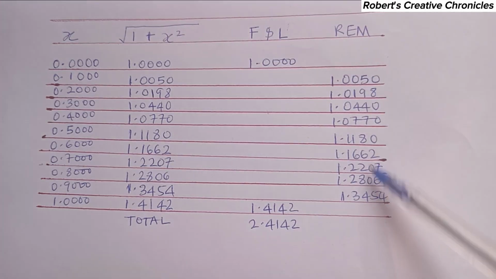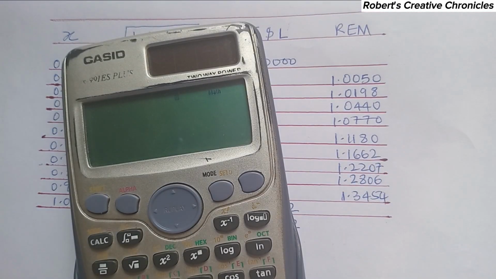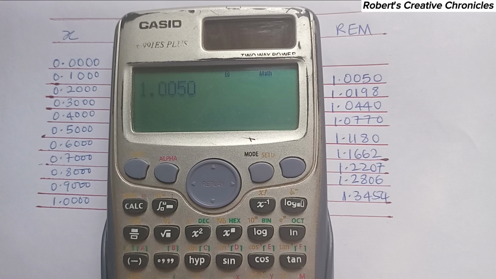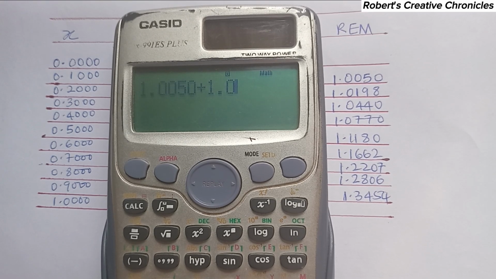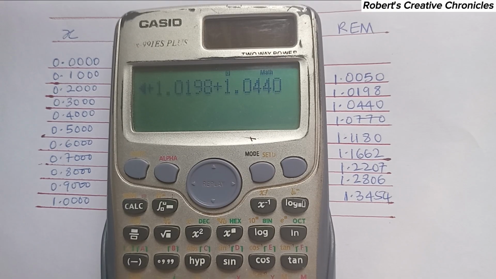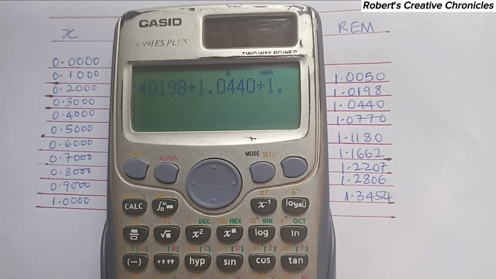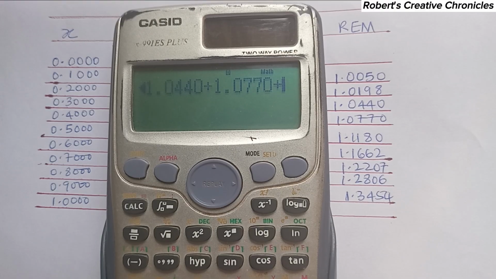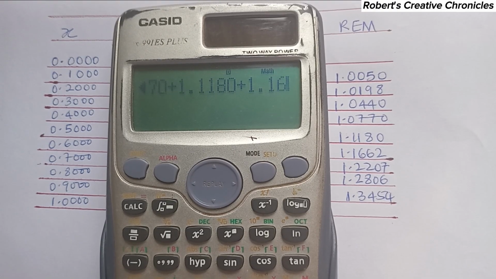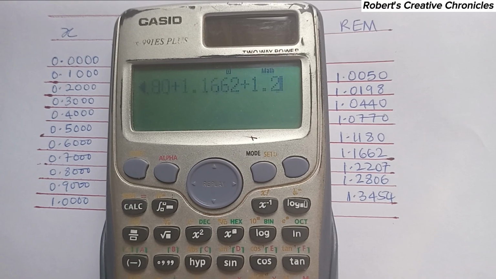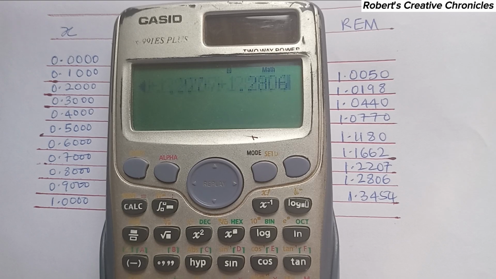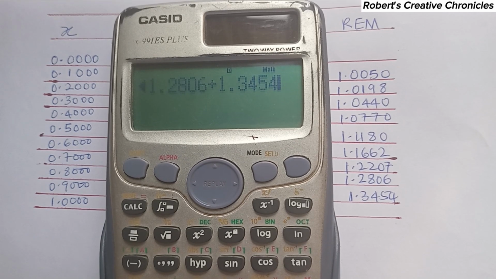So now we will find the total of this. It will be 1.005 plus 1.0198 plus 1.0440 plus 1.0770 plus 1.1180 plus 1.1662 plus 1.2207 plus 1.2806 plus 1.3454.